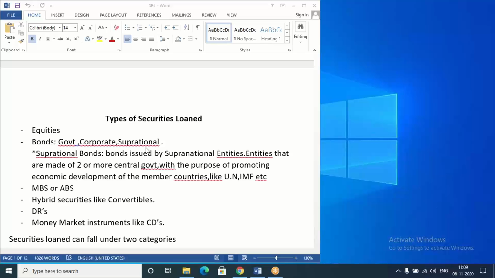If you haven't, supranational means supranational entities, which are made of two or more central governments with the purpose of promoting economic development of member union countries. For example, the UN, IMF, etc. Can you name some other supranational entities?